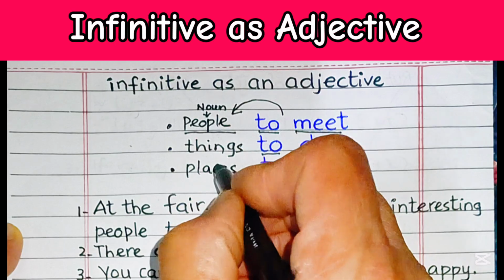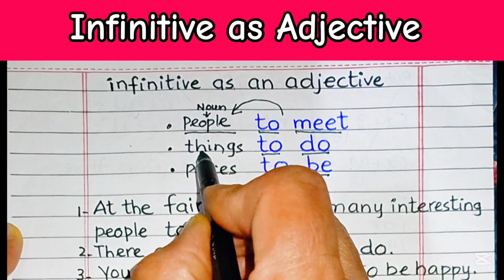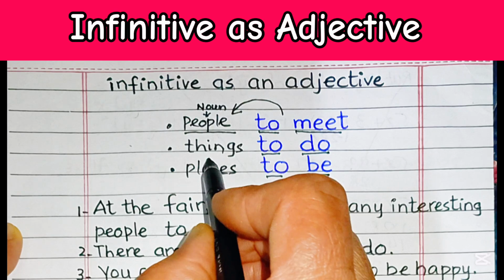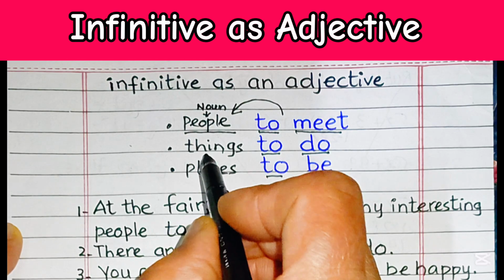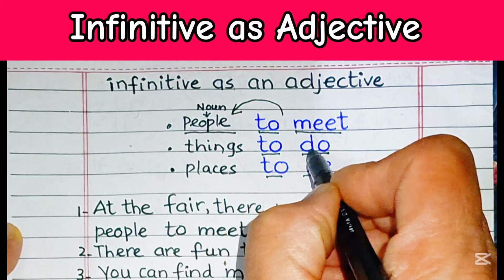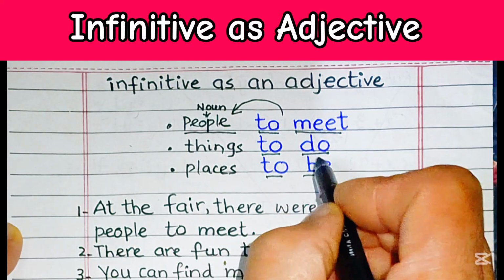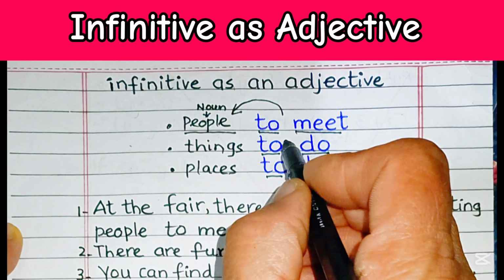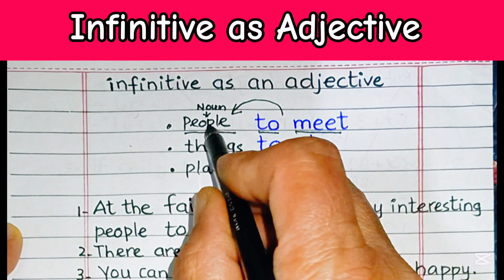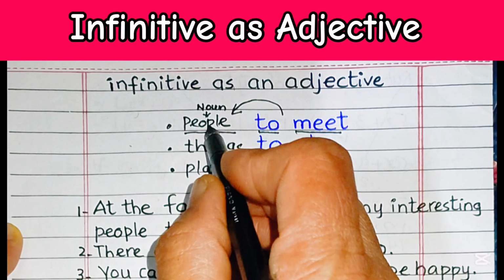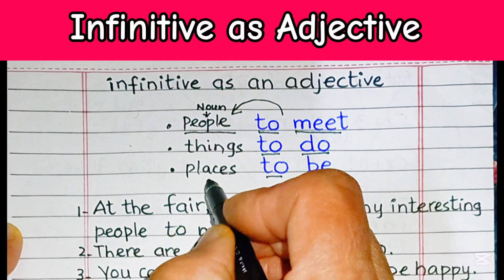So in all these cases, the words people, things, and places are nouns. All of these are infinitives: to meet, to do, and to be. These infinitives modify the nouns people, things, and places.